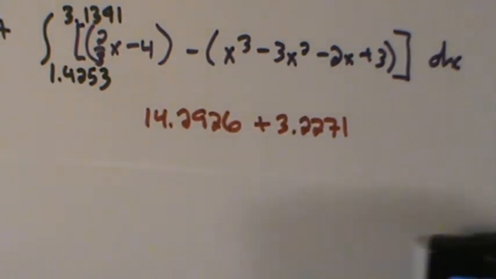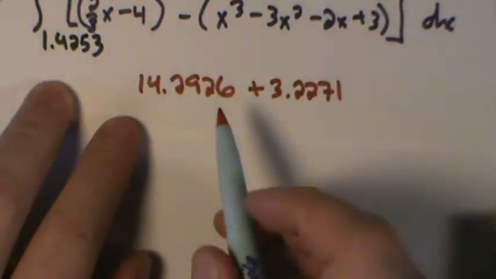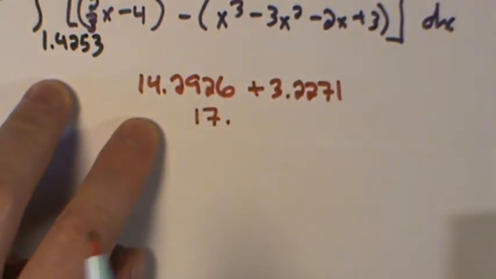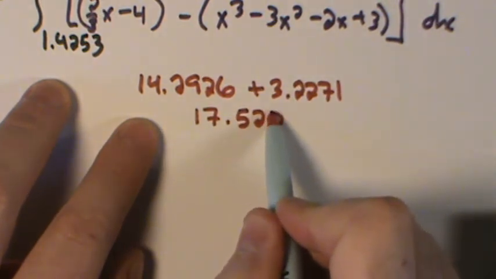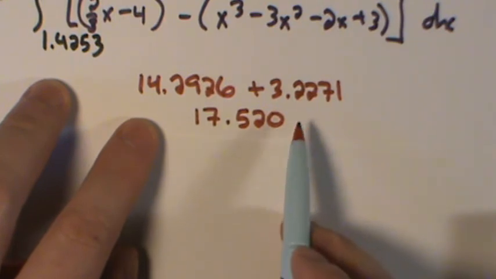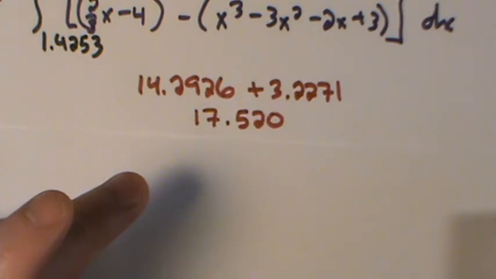I get 17.5197. Now we like to round our answers to 3 decimal places, so I'm going to try and squeeze that in here, and we'll go 17.520. As I put that as 520, it's not 52, it's that 0 is significant. It's telling me that I rounded to that, so it's 17.520.